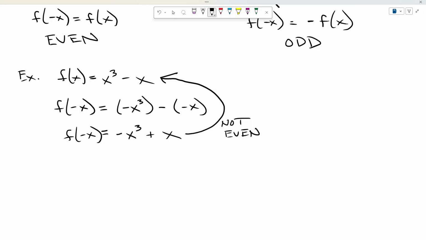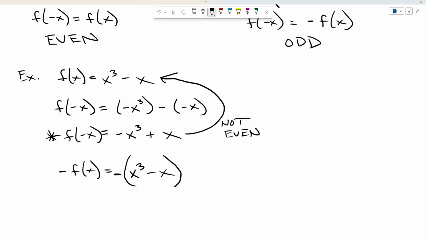So we know this is f of negative x, so let's figure out what negative f of x is. All that's saying is take your f of x, which is x cubed minus x, and we'll put that in parentheses. We're just saying the whole thing is negative.